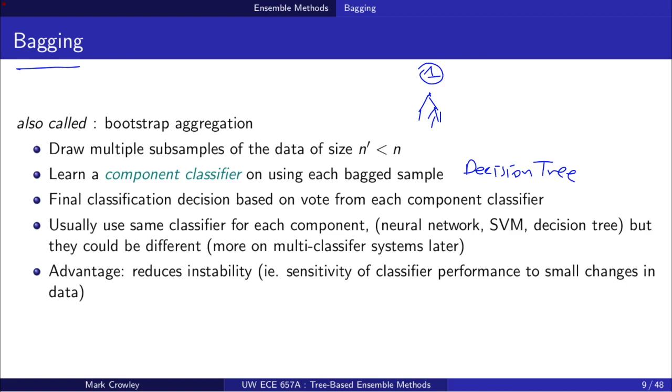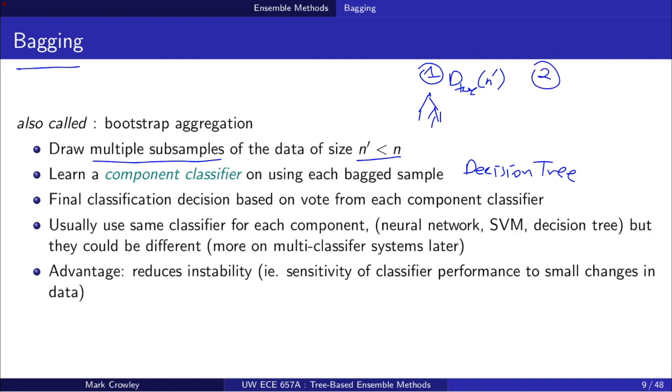But when we train it, we train the decision tree on not all of N, we're just going to train it on some of N, right? N is like a subset of the full data set. Then we're going to draw multiple subsamples from it, but with replacement.